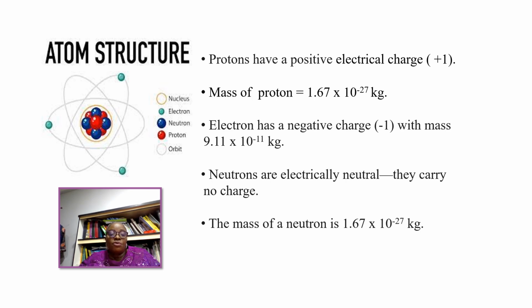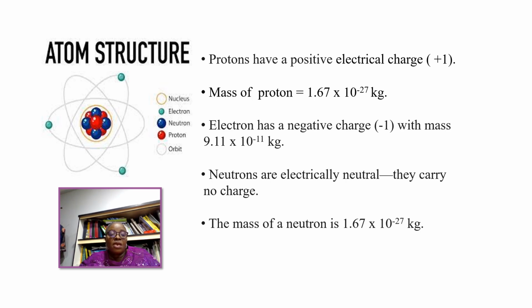And we have the neutron. The neutron is there, and it is an electrically neutral compound. They carry no charge. And the mass of a neutron is 1.67 times 10 raised to the power minus 27 kilograms. The mass of a neutron is just like the mass of a proton.